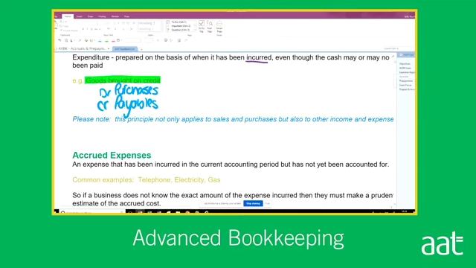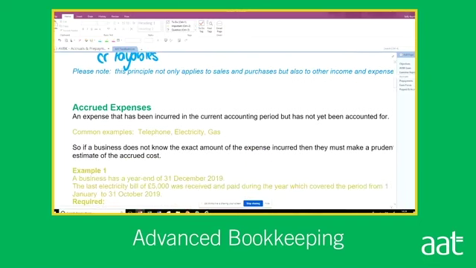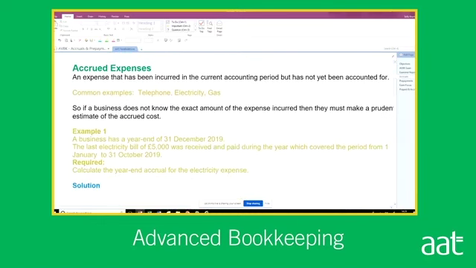So let's have a look at accrued expenses in a little bit more detail. Basically, we have an expense, and we have incurred that expense in the financial period, so in the financial year. But the problem is that we have not accounted for it.